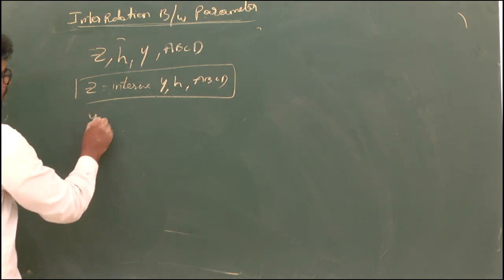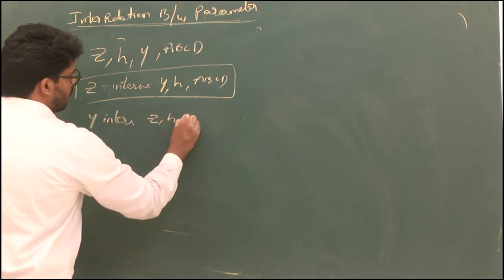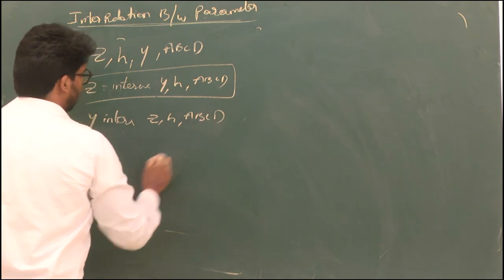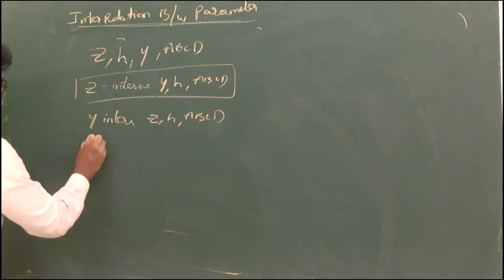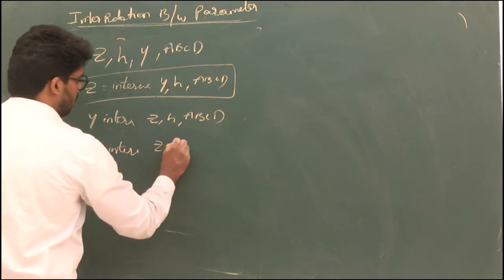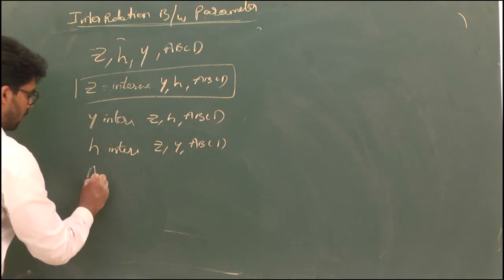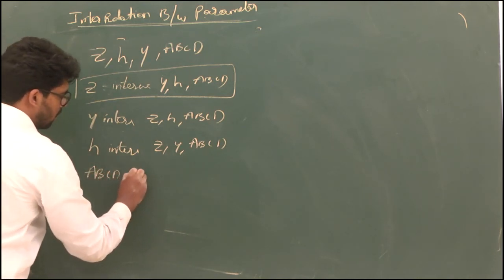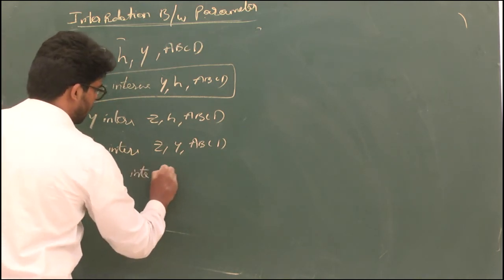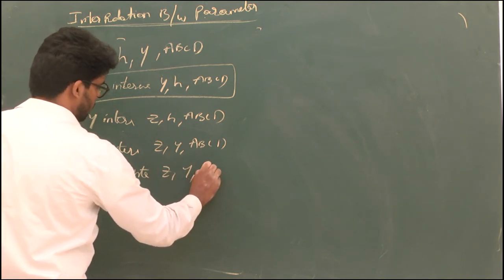Now, Y parameters in terms of Z, H, A, B, C, D parameters you need to do, and again H parameters in terms of Z, Y, A, B, C, D parameters, and again A, B, C, D parameters in terms of Z, Y, and H parameters.